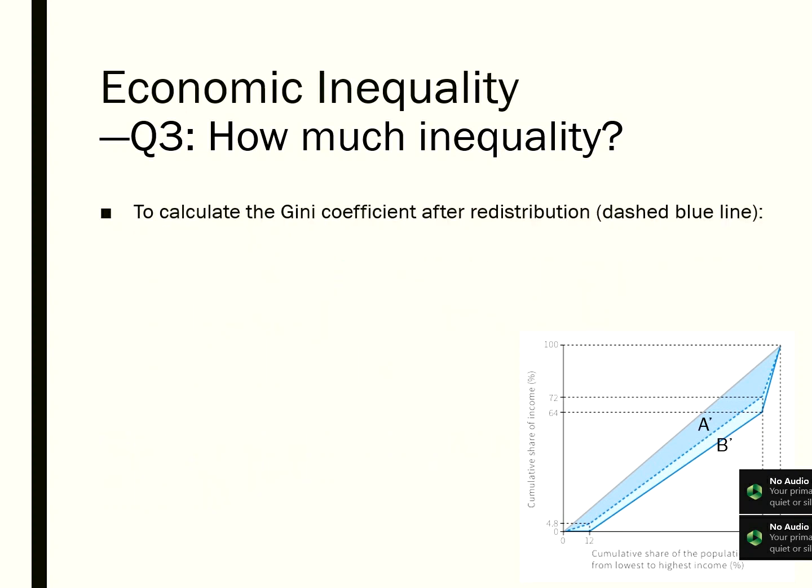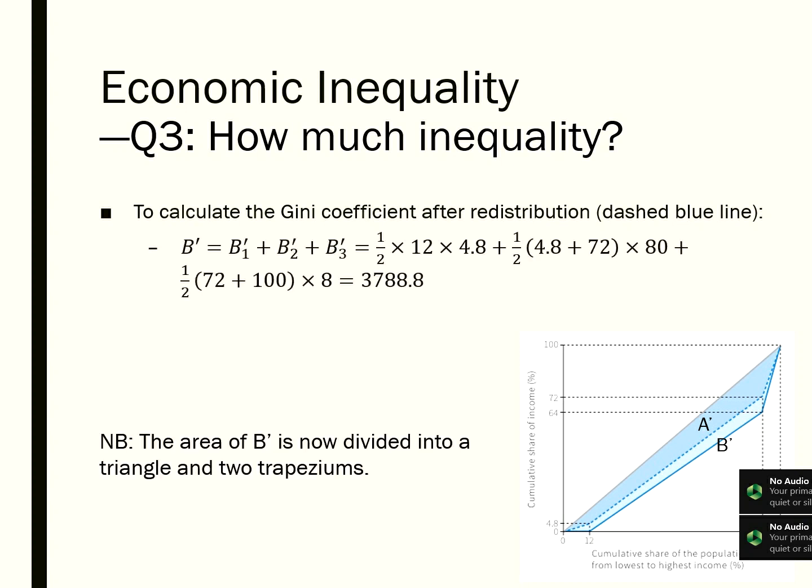This slide gives you another example based on the previous example. After the redistribution, the Lorenz curve will shift upwards because the poorer get some money from the richer. To calculate the Gini coefficient after the redistribution, you can use the same technique to decompose the area of the new B prime into three components.